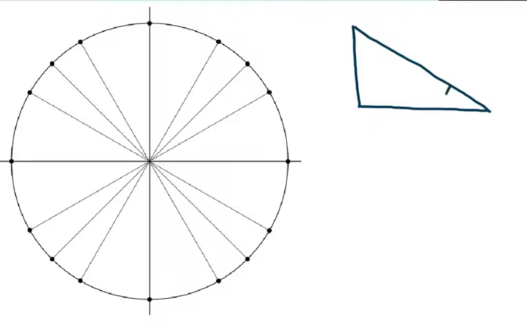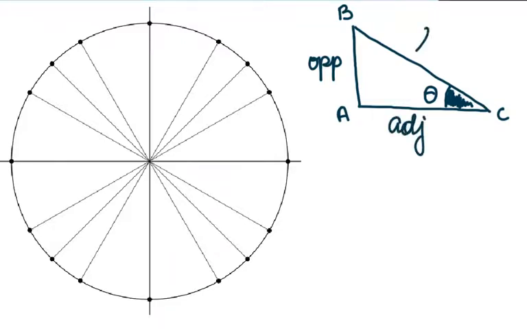So if this is my angle, I'm going to use the letter theta, and the sides of the triangle are going to be A, B, and C. And so if I say trigonometric functions, right? With the triangle and the angle, you have an opposite side of the angle, you have an adjacent side to the angle, and you have the hypotenuse.